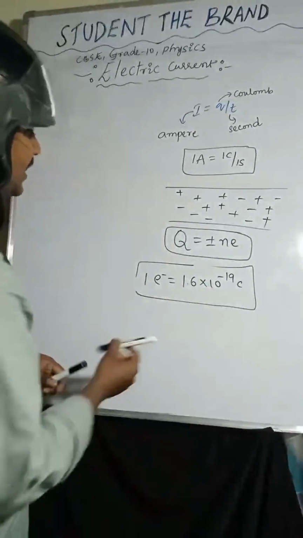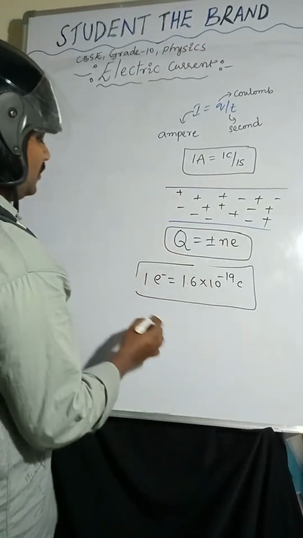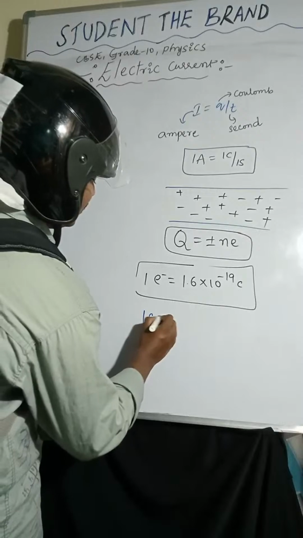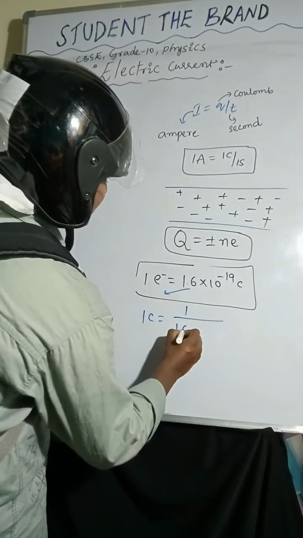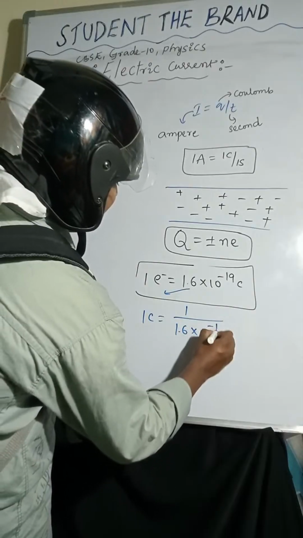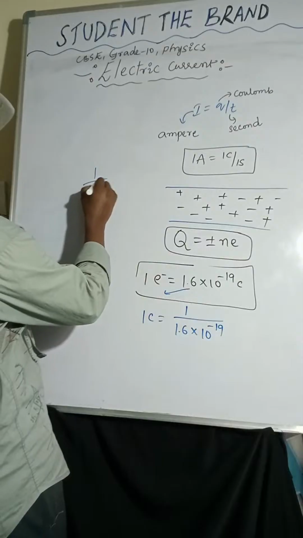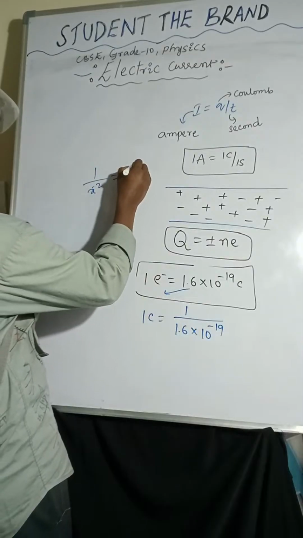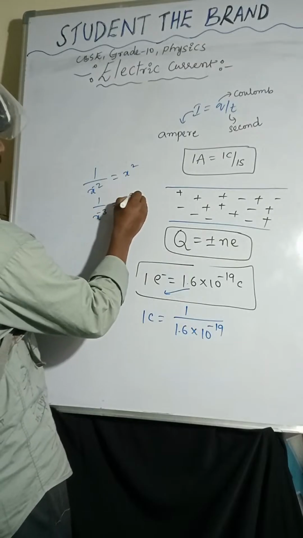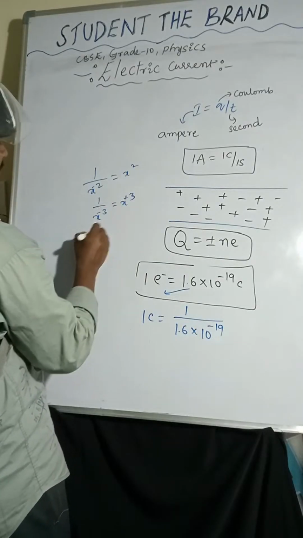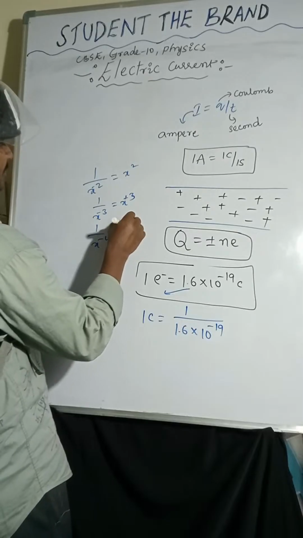So in 1 coulomb, simply you can take this value down: 1 by 1.6 into 10 power minus 19. We know that 1 by x power minus 2 you can take as x power 2. 1 by x power minus 3 we can write as x power plus 3. 1 by x power minus 4 we can write as x power plus 4.